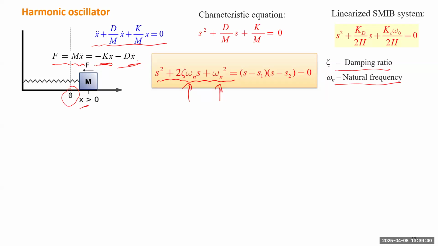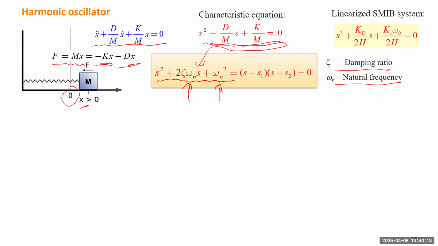This is the standard form, which means if you have any second order linear characteristic equation and compare it to this standard form, you can solve for omega n and zeta. Zeta gives you the damping ratio and omega n tells you the natural frequency. They are both very meaningful indices to study the response of this system.